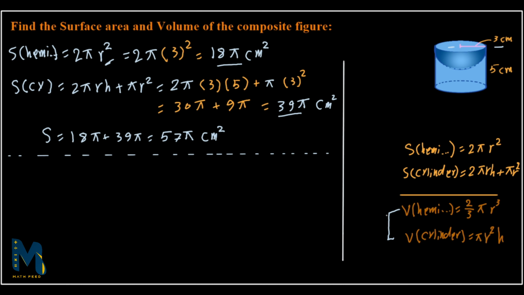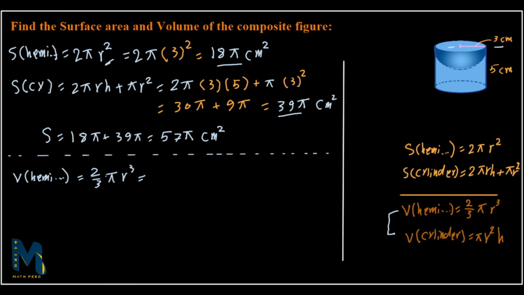Let's move on to find the volume of the composite figure. First, we have to find the volume of a hemisphere, then the volume of a cylinder. Rewrite the rule of a hemisphere. V of hemisphere, our rule is 2 over 3 pi r to the power 3.